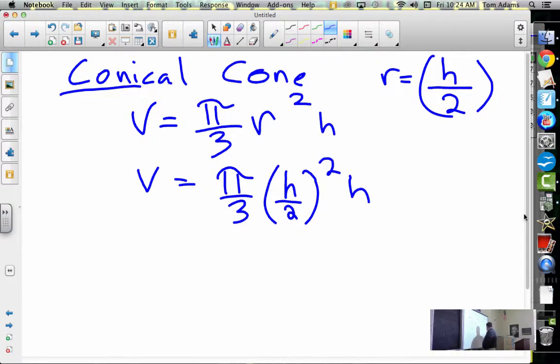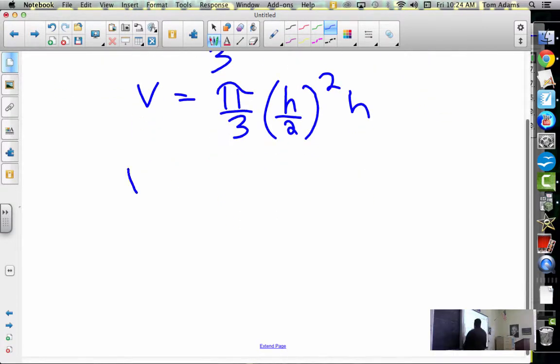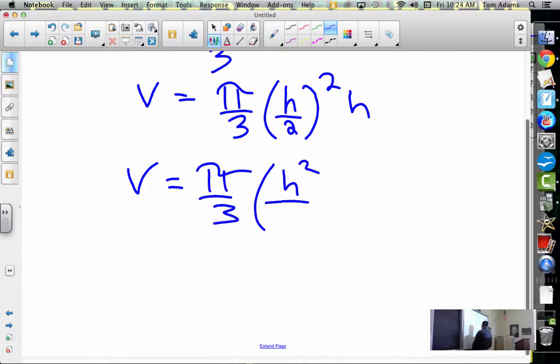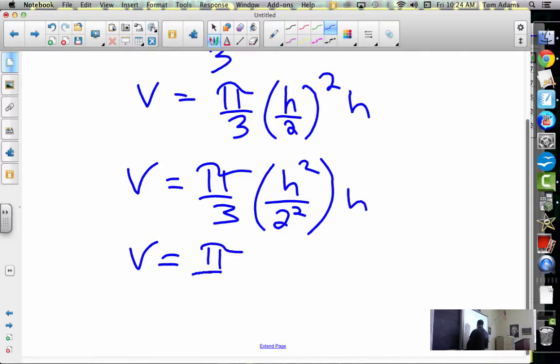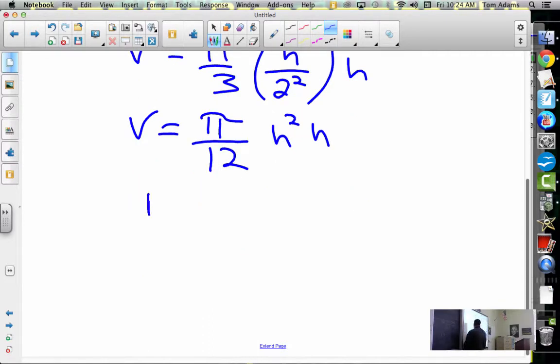Now, if I do a little algebra, I can clean this up a bit, and say that's the same as pi over 3 times h squared over 2 squared, which is 4, times h. Which means that my volume is equal to pi over 3 times 4, which is 12, h squared times h, or the volume is equal to pi over 12 h cubed.